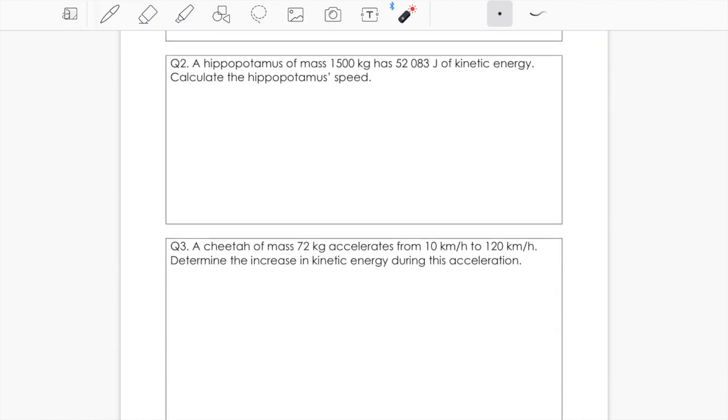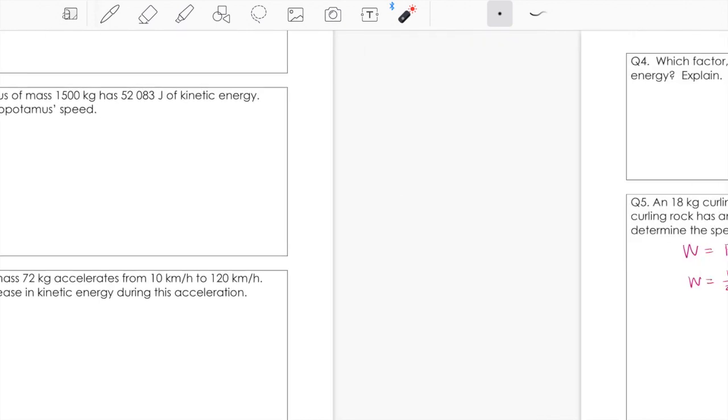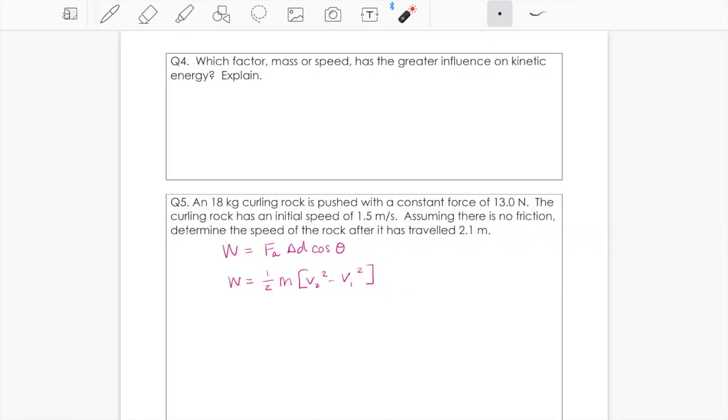For part 3, you are having an acceleration, so remember you do need to use that the change in kinetic energy is equal to 1/2 m times the difference of v2 squared minus v1 squared. Question number 4 I discussed in our notes prior, so hopefully you understood that part.